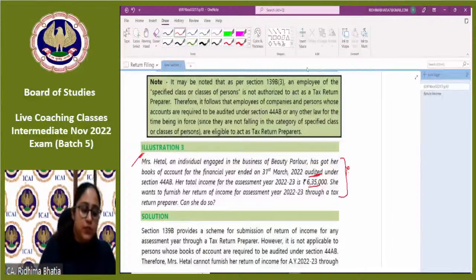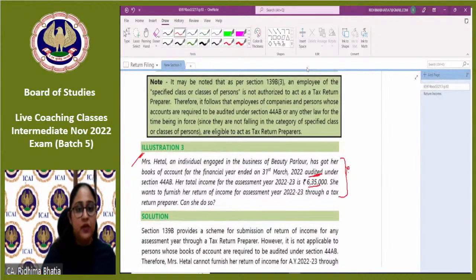You can go through this question. Such type of 2-marker questions can come. As simple as that. It's a very easy scheme. Because she is not allowed to file through a TRP. That cannot happen.